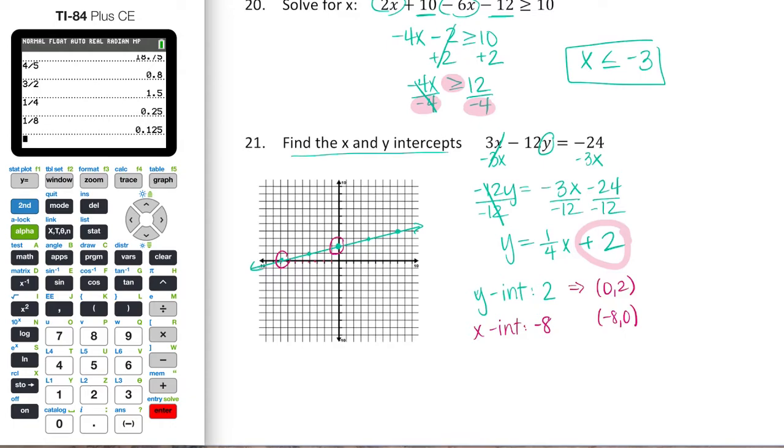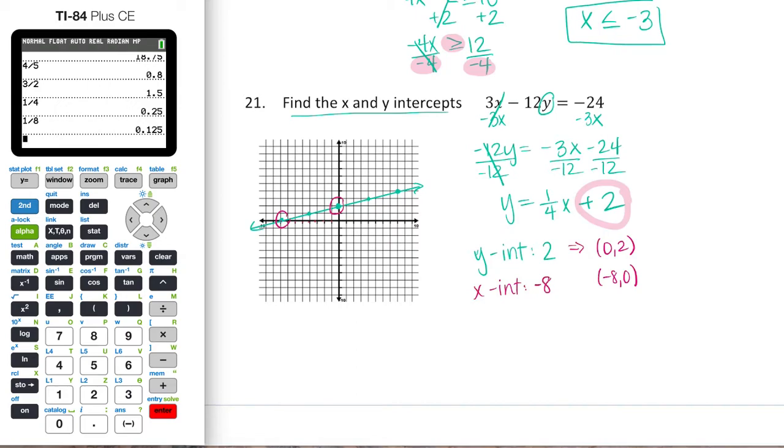If you don't want to do it by graphing, you can plug it in. So for your y-intercept, you'll notice your x is 0. So we're going to plug in 0 for x: negative 12y equals negative 24. Divide both sides by negative 12 and y equals 2. Then for our x-intercept, our y equals 0.